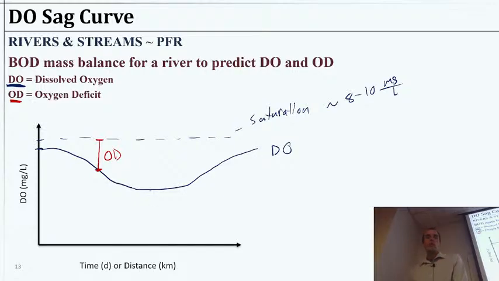So right here we have some maximum oxygen deficit, and we could trace that down to some specific time or spot. And as we'll see next time, we'll call this some critical time point.